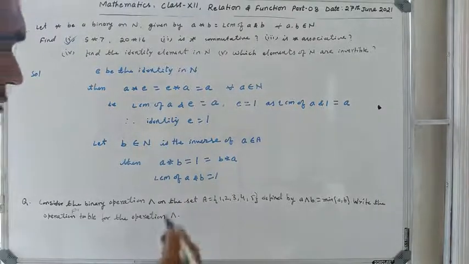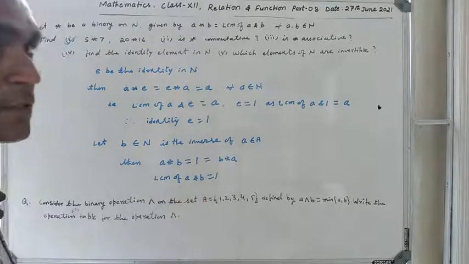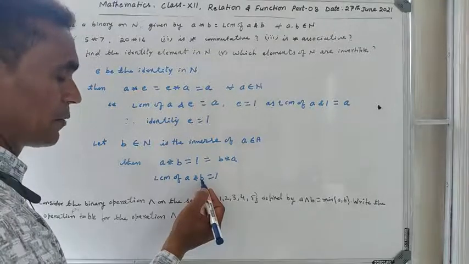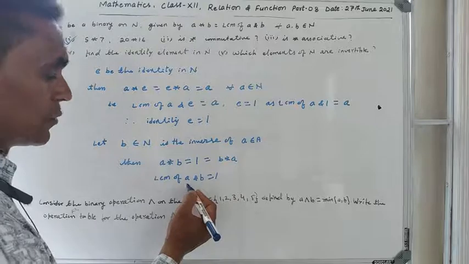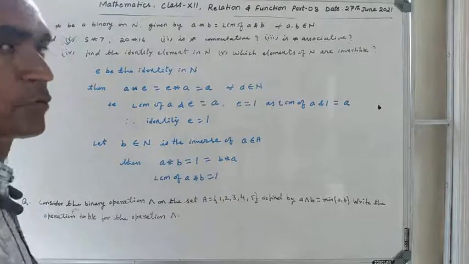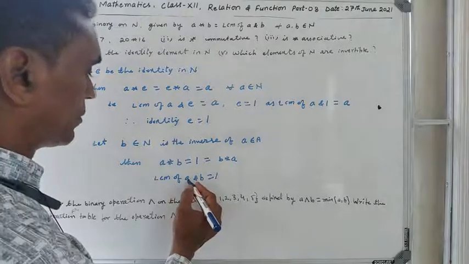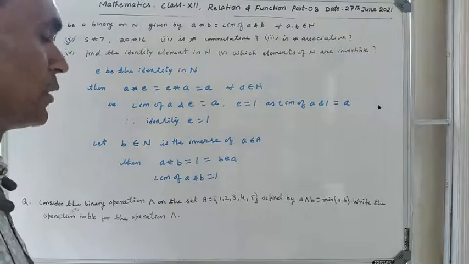Now you just try to find: suppose you put the value of A as 5, then with B, it will not come to 1. So A and B both should be 1. So 1 is the only element which is invertible.